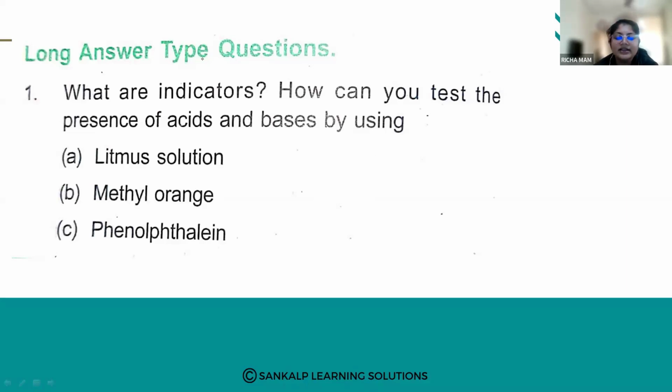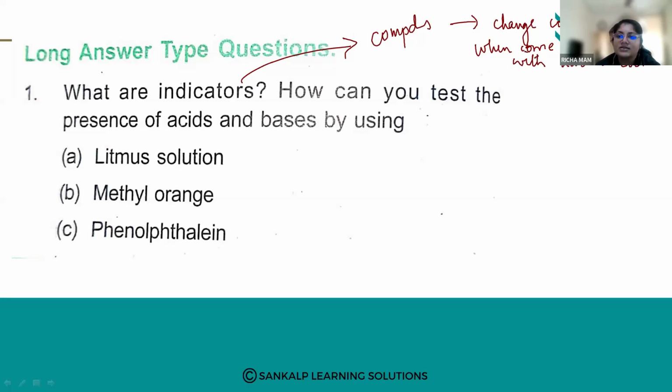Indicators are compounds which change color when they come in contact with substances, that is, acid or bases.